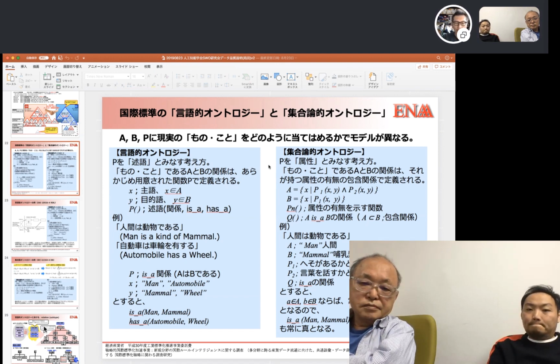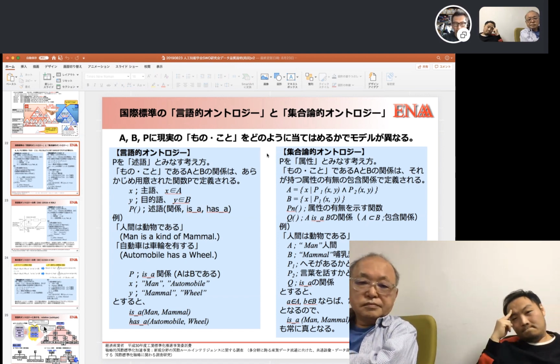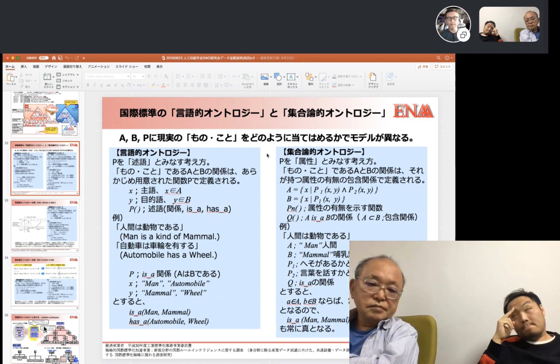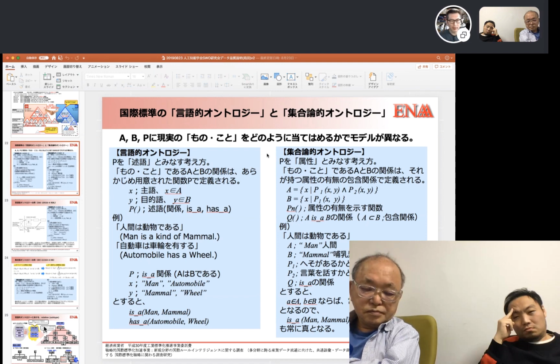So anyway, at this moment there exist two ideas of ontologies for structuring data, and it depends on the user which ontology to use for a specific problem space. But we have to be careful about the nature of each idea of the ontology.